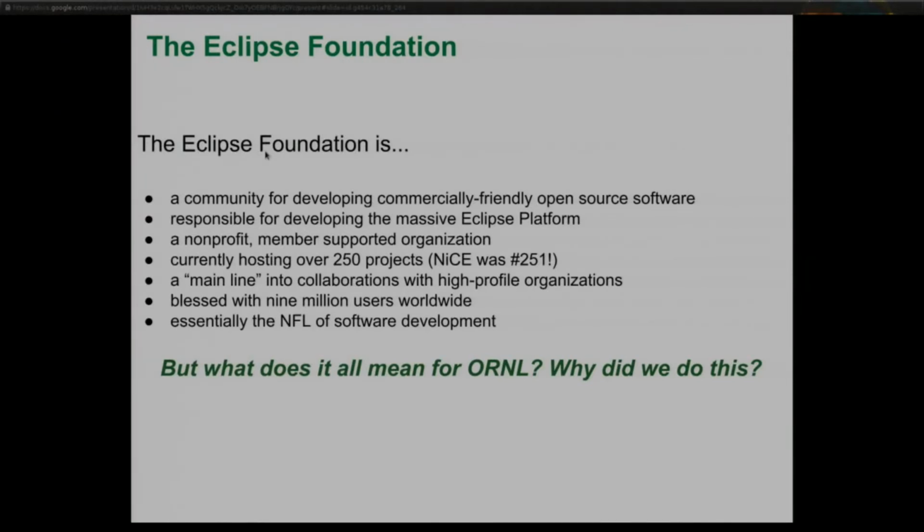Basically, it is a community for developing commercially friendly software, and it's kind of like the NFL of software development. So Oak Ridge stepping out and saying we're part of this organization, we work with the Eclipse Foundation and we're releasing code through there, is saying to the commercial world that we're very serious about being partners with them. It's saying to the applied technologies programs that we take technology transfer very seriously.